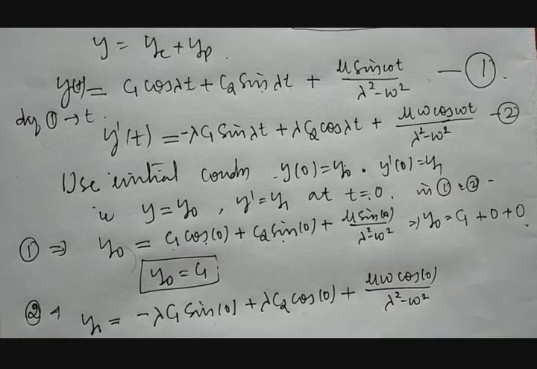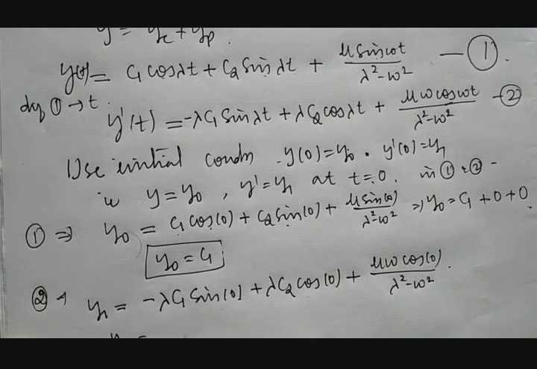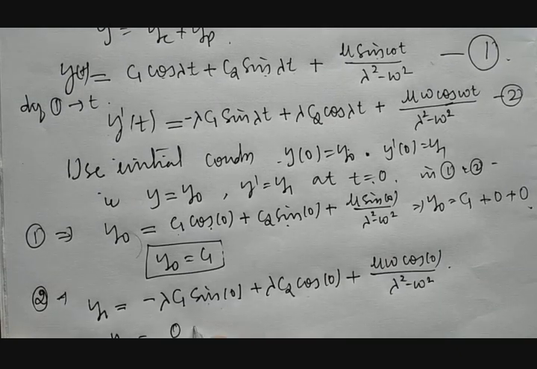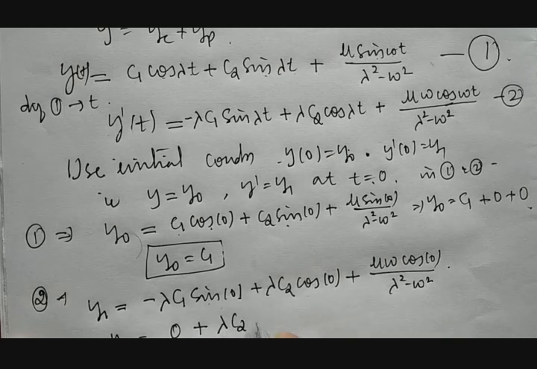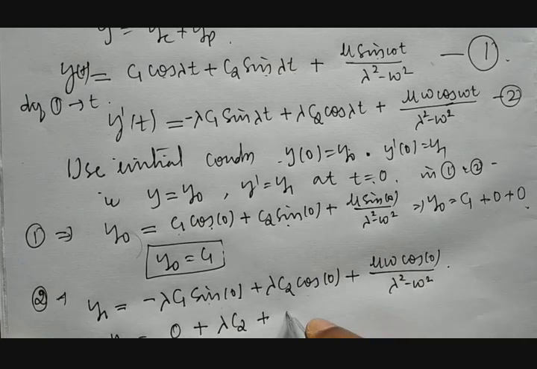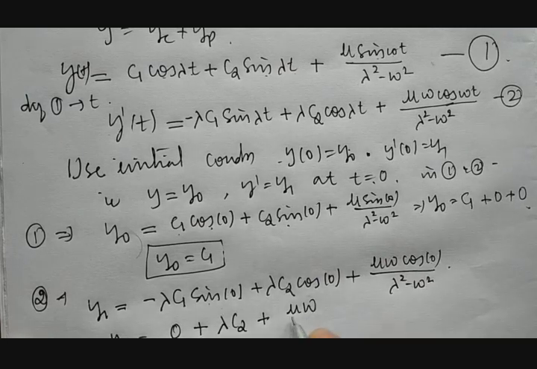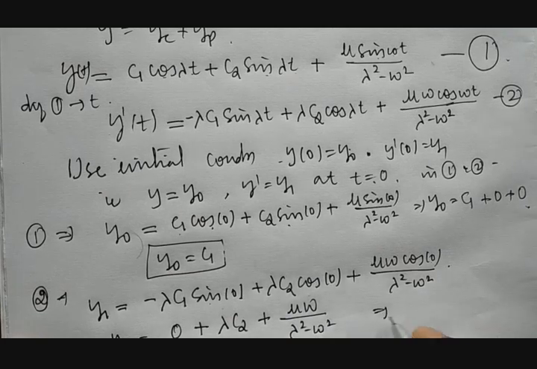So what about this again? This is nothing but y1 is equal to, sin 0 is 0, cos 0 is 1. So it is lambda into C2 plus, cos 0 is 1, therefore it is mu omega divided by lambda square minus omega square.